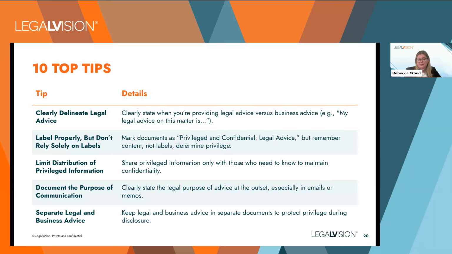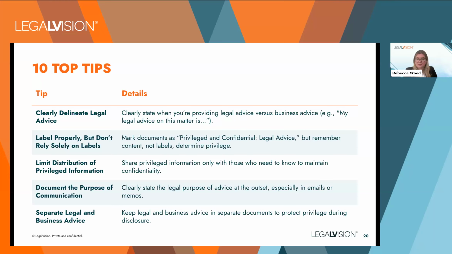Separate your legal and business advice. So where possible, provide legal advice in separate documents. This makes it much easier to protect privileged information. So for example, if you're preparing an update to the board, you might want to have a memo that sets out your advice and then have your privileged advice as a separate, perhaps annexure that's clearly marked privileged.